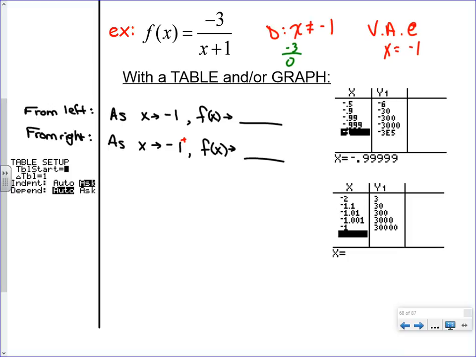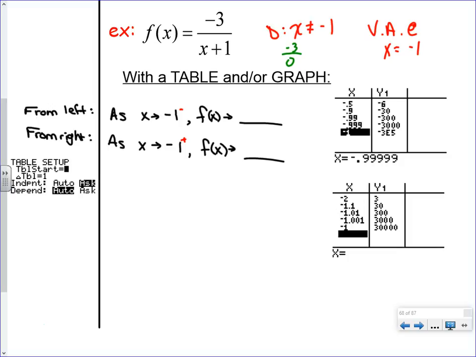If we're coming from the left, we're coming from numbers a little bit less than, and we put a minus. It's literally in the exponent, the superscript spot, but it doesn't mean a power. And it doesn't mean a sign like -1 becomes +1. It just means -1 from the left and -1 from the right.